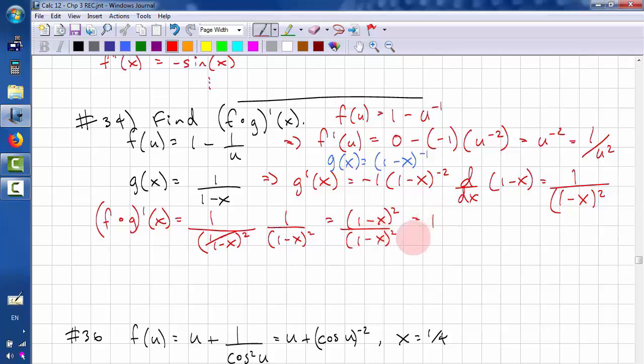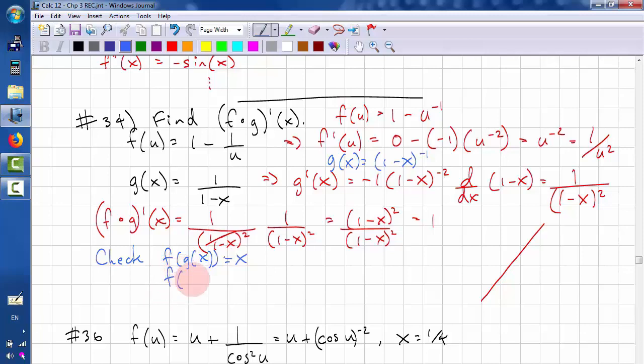Okay, that's a lot of work to get the answer of 1. And because this is 1, it implies that the slope is 1, which means these functions are inverses of each other. And we can check. f of g of x equals x. So if f of g of x equals x, then the derivative is 1.